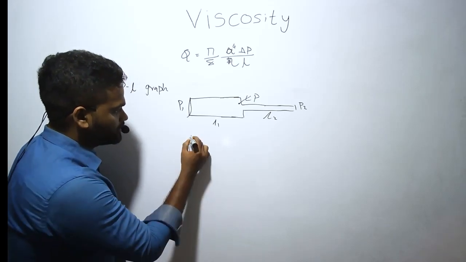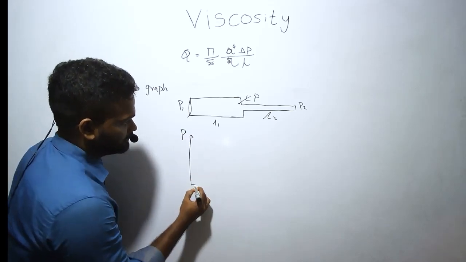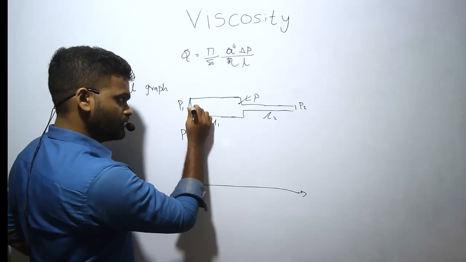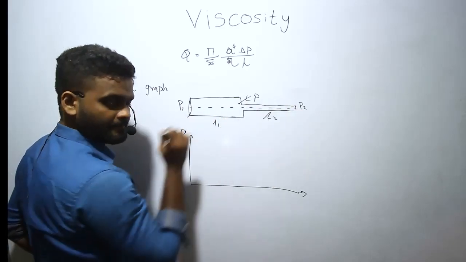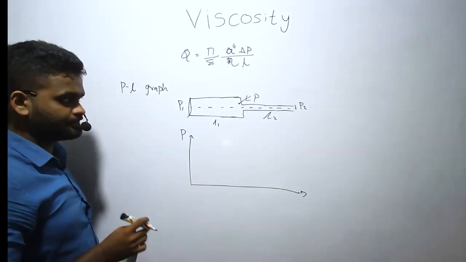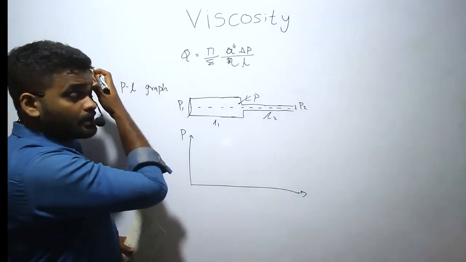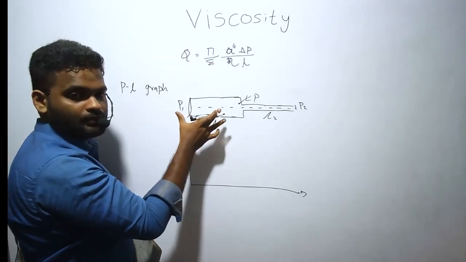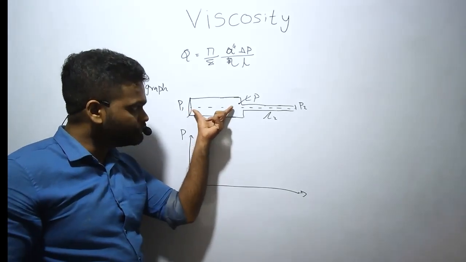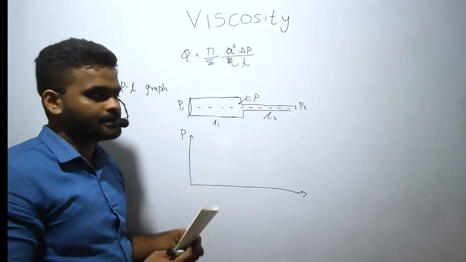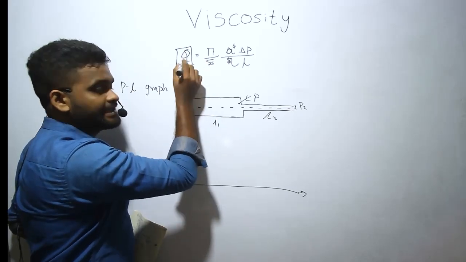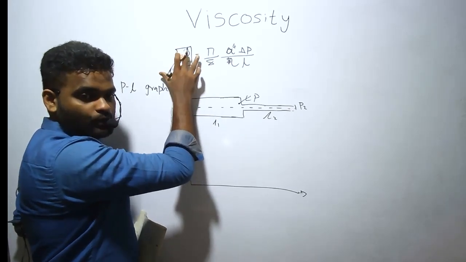So you can draw a P-L graph. This pressure variation along this axis is what we are drawing, right? So when you think about this equation, we are comparing this tube and this tube, right? For both tubes, we learned that Q is constant.